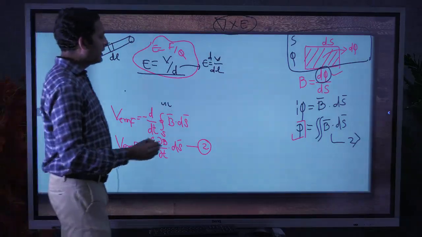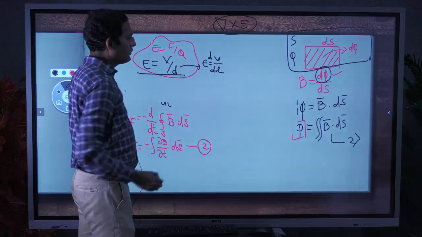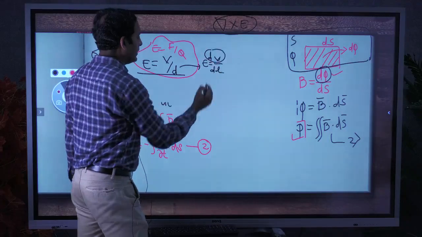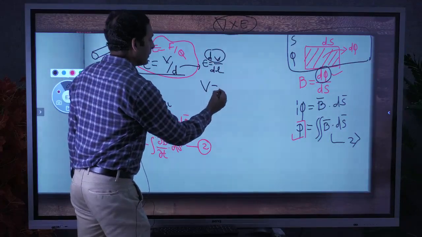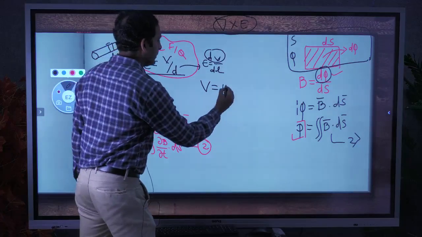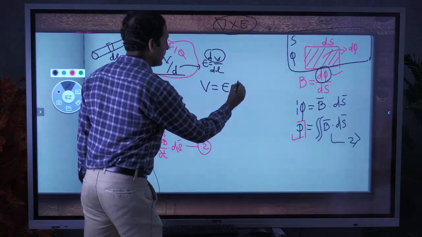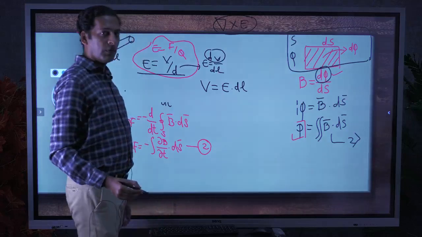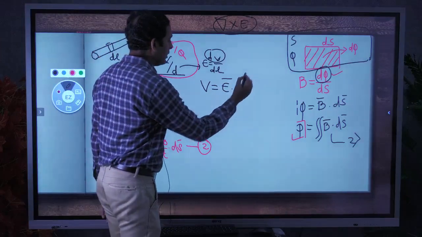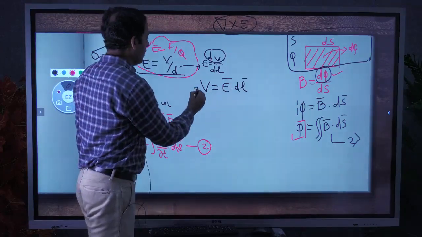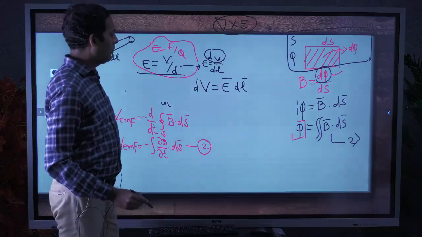So from here, what we can say, if we want to find out the V, this V we can write as E dot dl. For vector field, we can write E bar dot dl bar. So this is differential volume.